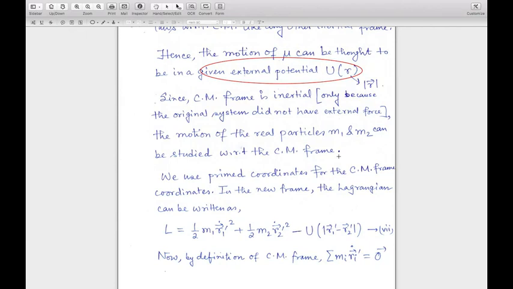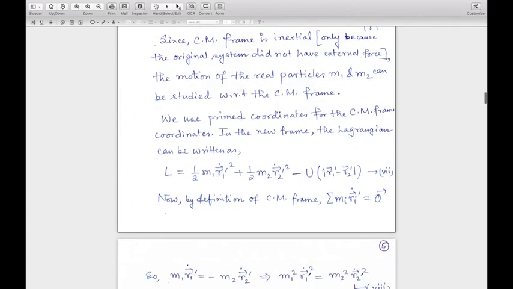So what is the best way to do that? We now redefine all the position coordinates taking the CM as origin, and we use primed coordinates for the CM frame coordinates. Those coordinates are known as CM frame coordinates. Okay. Now, if you write that in this manner, you can simply say that the Lagrangian, in principle L prime, will be half m1 r1 prime dot square plus half m2 r2 prime dot square minus u of modulus r1 prime minus r2 prime.